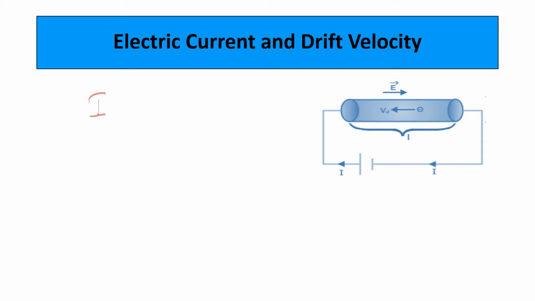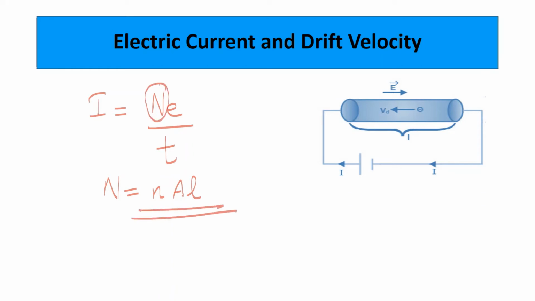Therefore, I is equal to, in the place of Q, you can write Ne divided by t. We already learned that capital N, the number of electrons, is small n into volume AL. Replace N with this value. Therefore, I is equal to nALe divided by t.